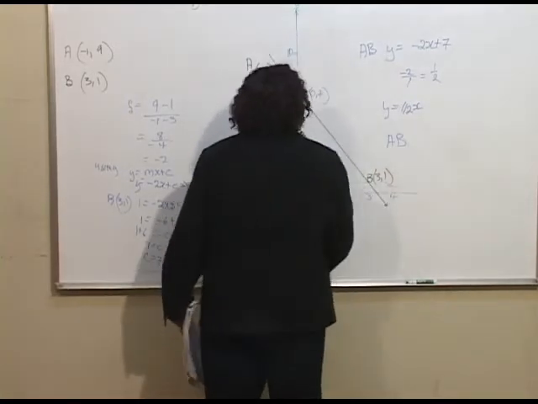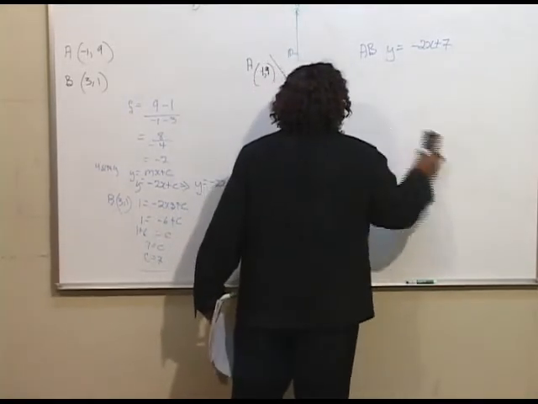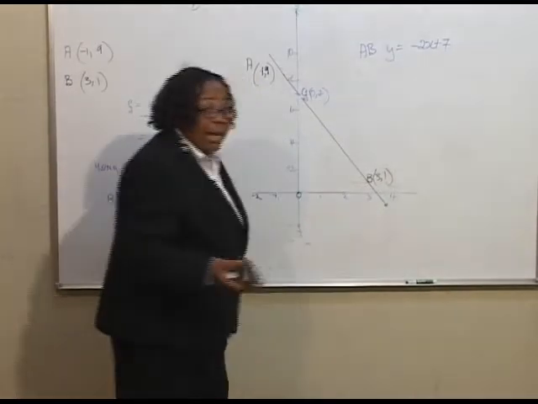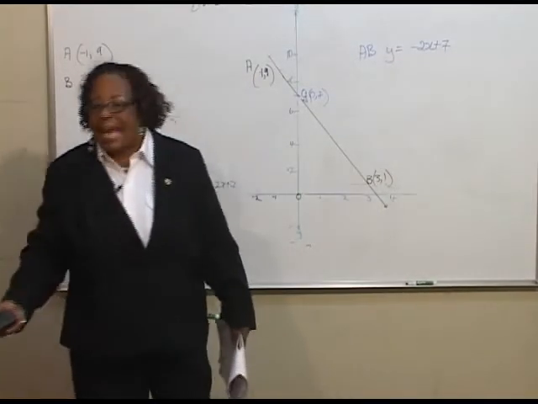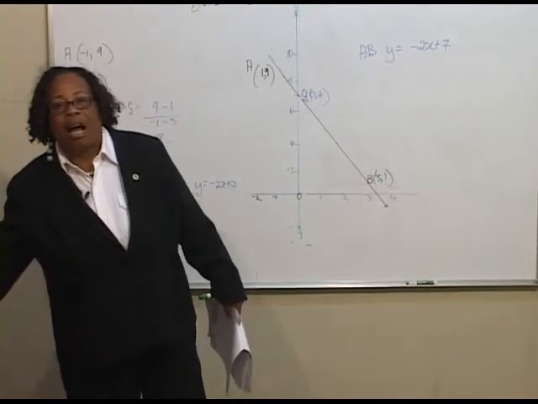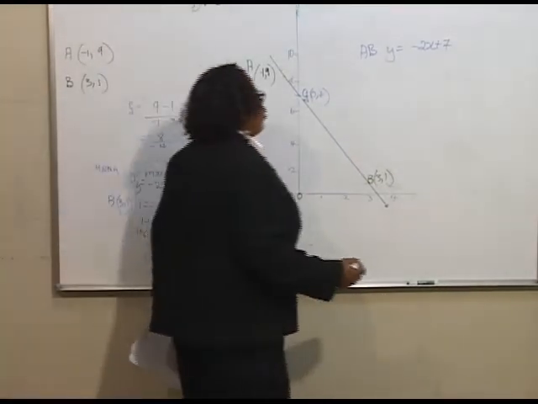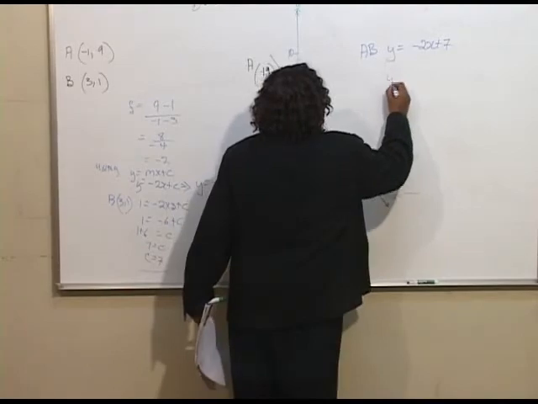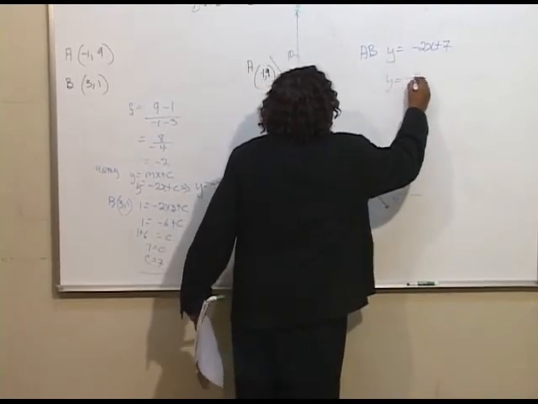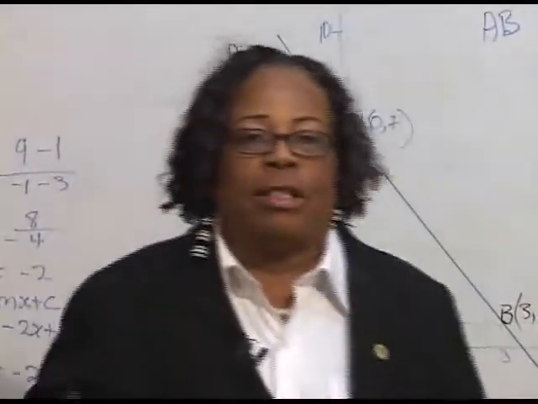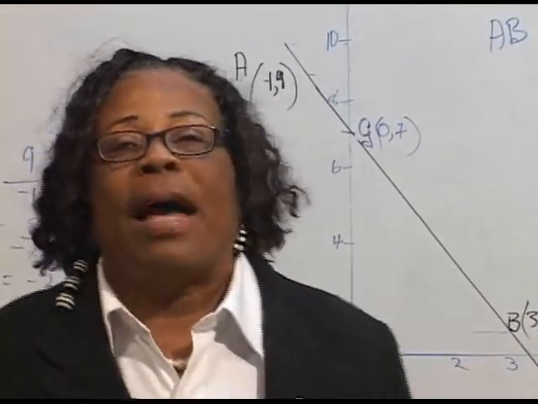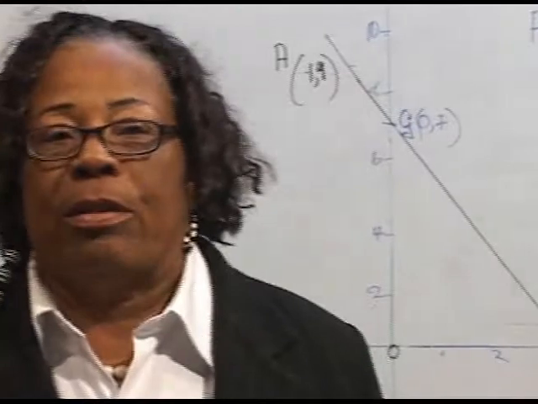And any line parallel to another line, what do we know? Yes, the gradients are the same. So the equation of that line is y is equal to negative 2x, and by now we know, because it passes through the origin, the value of C is equal to 0.